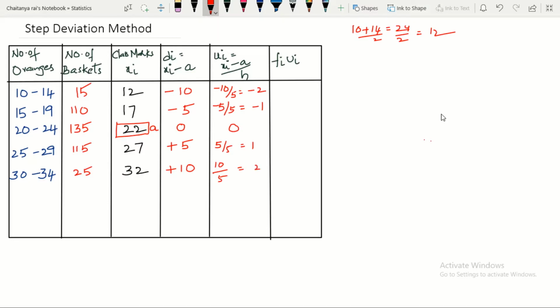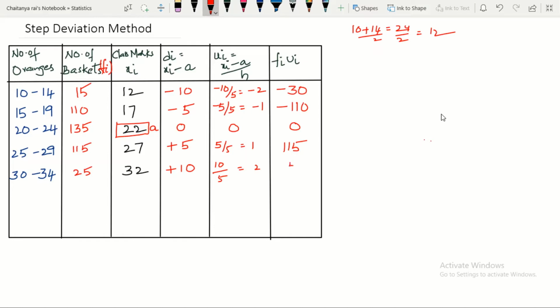These are the remaining values we have with us, and the final column we have to fill is the product of fi and ui. Here these are fi values, and fi here is 15, and 15 twos are 30, and since we have negative, this becomes minus 30, and minus 110. 35 into 0 becomes 0, and 15 into 1 is 15, and this one 25 twos.